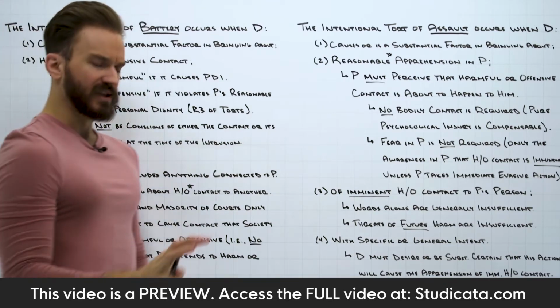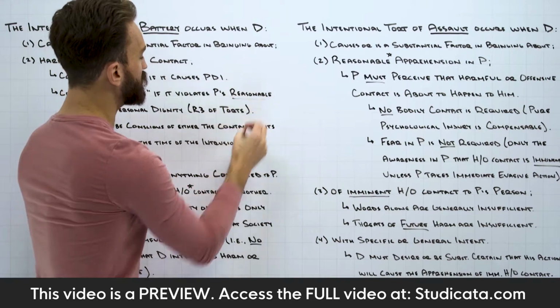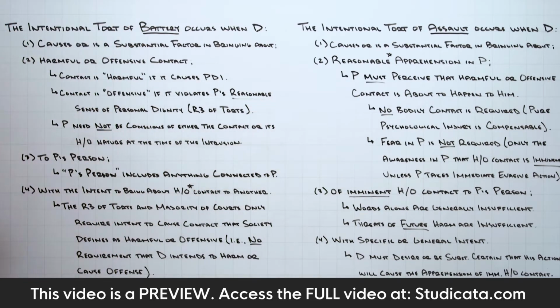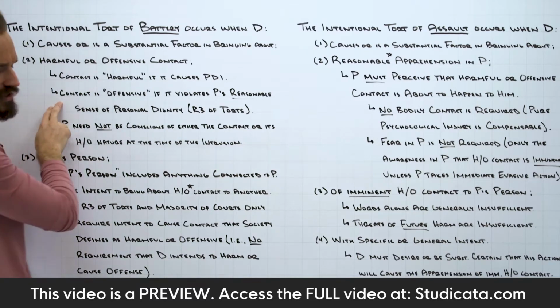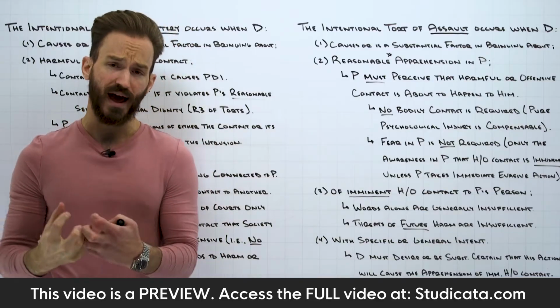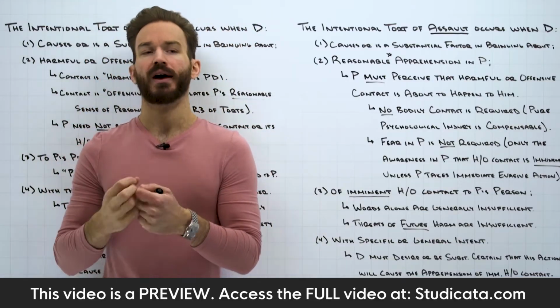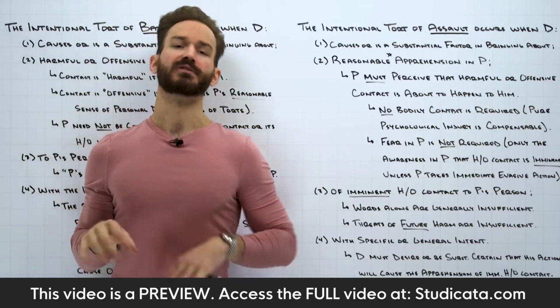So this is a more objective test because we have this idea of reasonable sense of personal dignity. And if we look at the case law, at what cases courts have said this contact is offensive, you get two different forms of offensive contact.